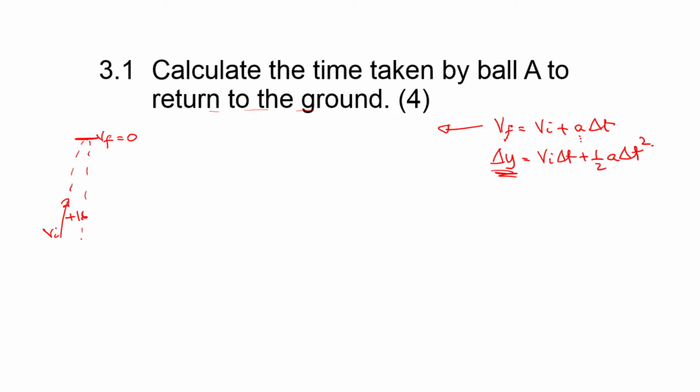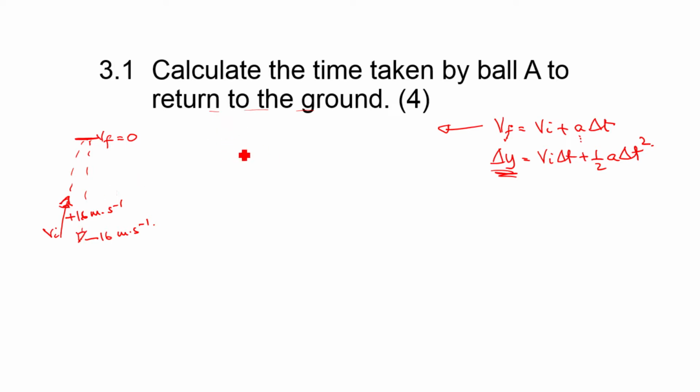And then I believe it is permissible to say that if the initial velocity is plus 16 meters per second, we can assume the symmetry of this thing, and when it gets back down there, it's going at minus 16 meters per second. So let's use this equation and see how far it gets us.